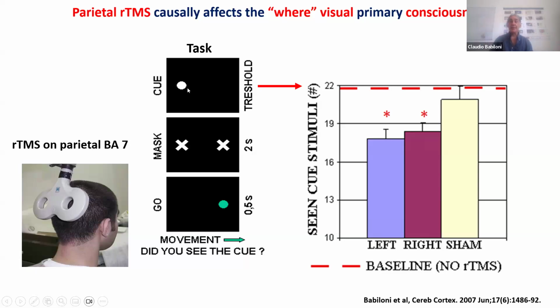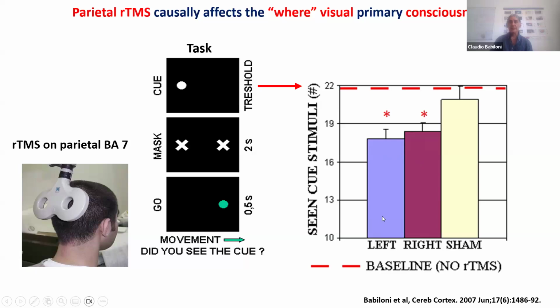After the transcranial magnetic stimulation in the parietal cortex, we gave the cue stimulus, the mask stimulus, and the go stimulus. Like the previous experiment, but in this case, no EEG, but TMS perturbation of parietal cortex. And the results were reported on the right side of the picture.